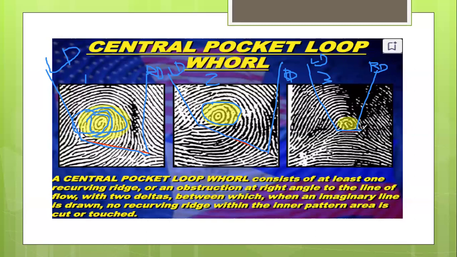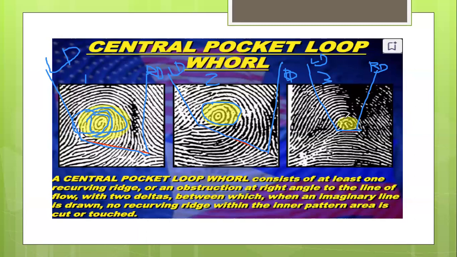It does not touch any circuiting ridge or an obstruction at a right angle inside the pattern area of a fingerprint that most likely looks like a loop, but has a circuiting ridge or an obstruction at a right angle inside the pattern area.